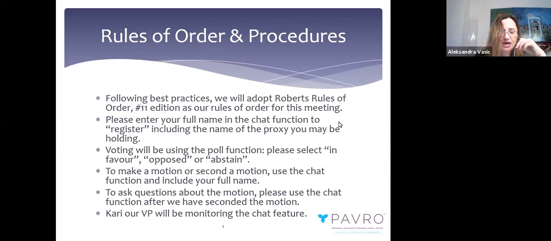According to Robert's Rules, we need to move and second the motion before we can actually discuss it or ask any questions. So once any discussions and questions have been resolved, we will vote on the motion. All members who are in good standing 21 days in advance of our AGM are eligible to vote.